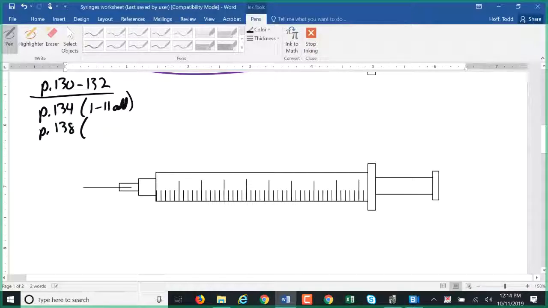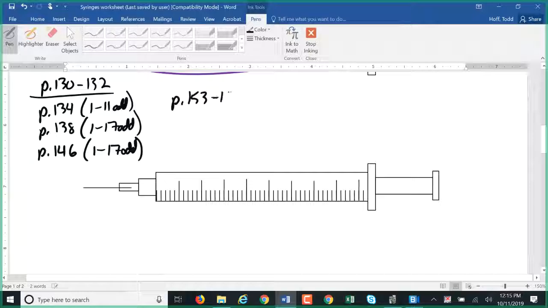Page 138, 1 through 17, the odds. Page 146, also 1 through 17, the odds. 2 more, and we're done with this one.